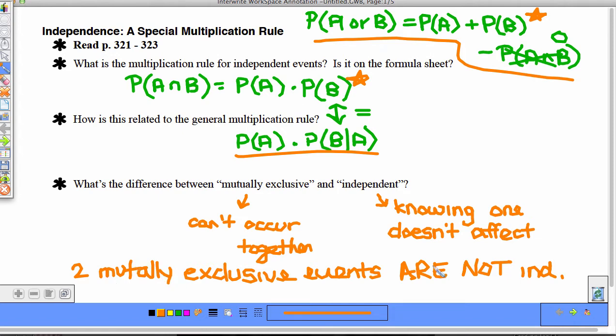So that tells me they're not independent, because knowing that the first one happens means the second one won't happen. Independence is all about the fact that knowing one does not affect whether or not the other one can happen.